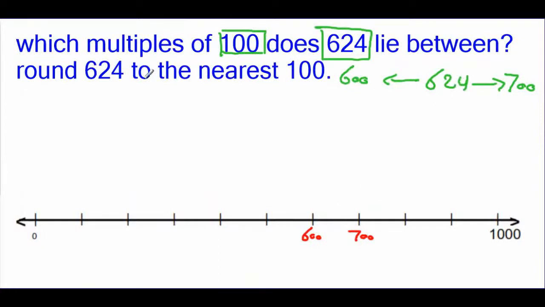Now I want to tell which of them it is closer to, because I want to round to the nearest 100. If I want to round to the nearest 100, I have to look at the tens place.